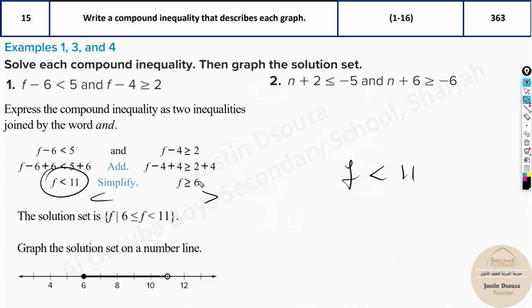And over here, f is greater than something, so f is greater than or equal to 6. When f is in the middle here, whatever number you're writing on the right side must be greater than f, that is 11 is greater than f. So that's why I'm saying write f less than first, and then wherever f is greater, f is at the right side. So write this symbol. I have not written anything wrong, I've just rearranged this. That's it.